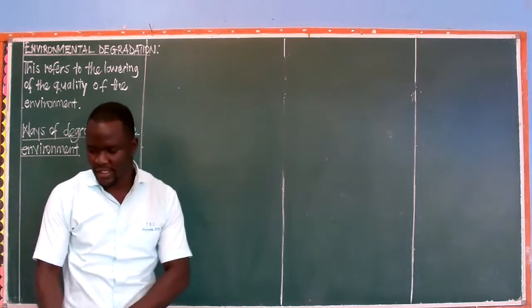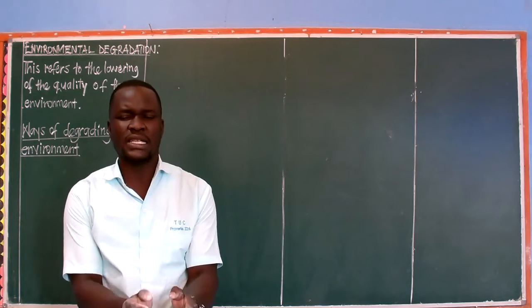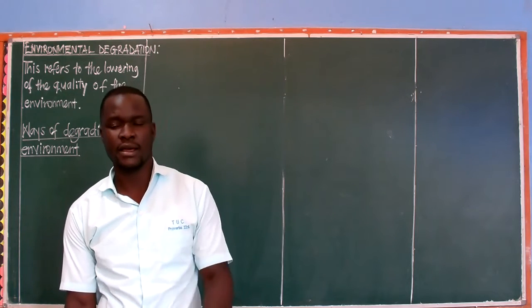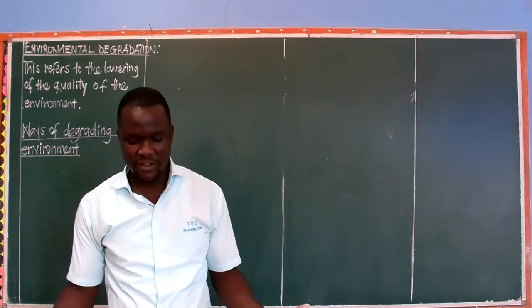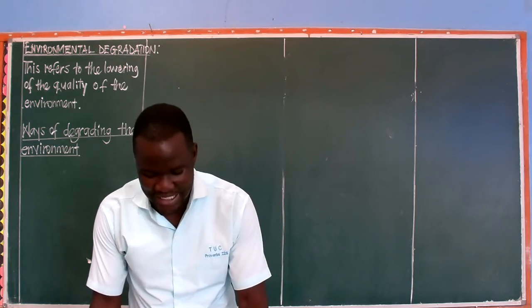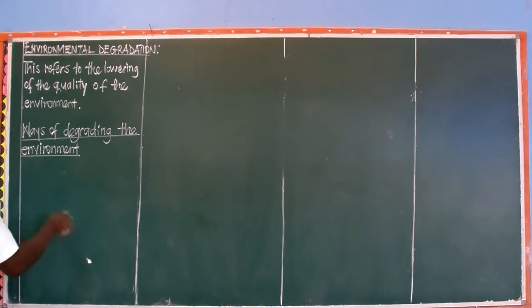So which are the ways through which people lower the quality of the environment in an area? Through practicing the negative human activities. Which negative human activities? On page 88, we have a lot of them. We begin from deforestation.